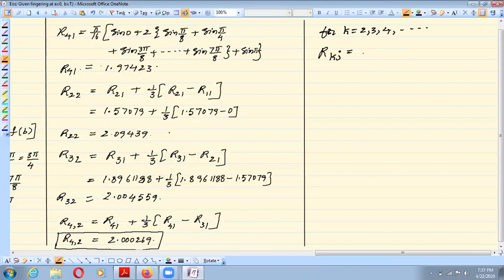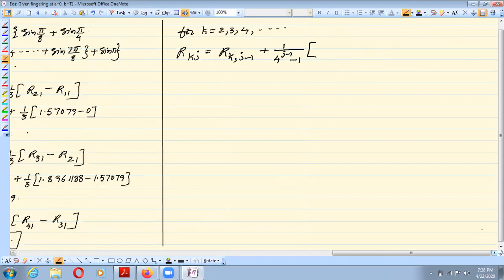Rkj is equal to, formula is there, Rk j minus 1 plus 1 by 4 power j minus 1 minus 1 into Rk j minus 1 minus Rk minus 1 j minus 1. So you have to use this formula.